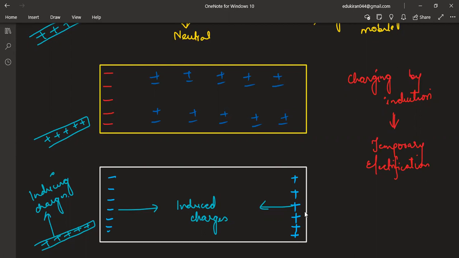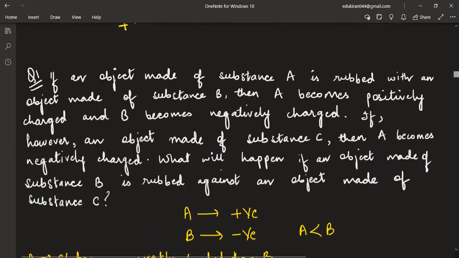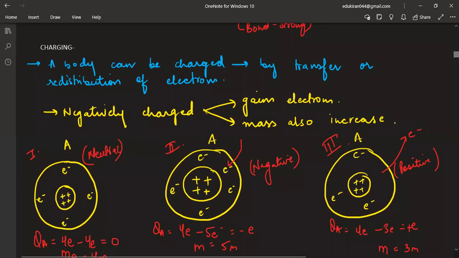Now, class, from your NEET perspective, this is not a very important portion, but you have to remember the basic theory points, because electronic charge e, you must have seen in your board examinations also, is used everywhere. But in this portion, you have statement-based questions regarding negatively charged bodies.